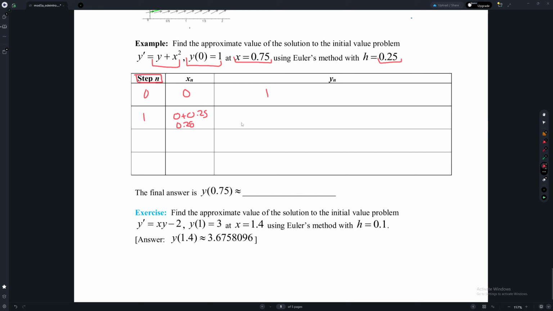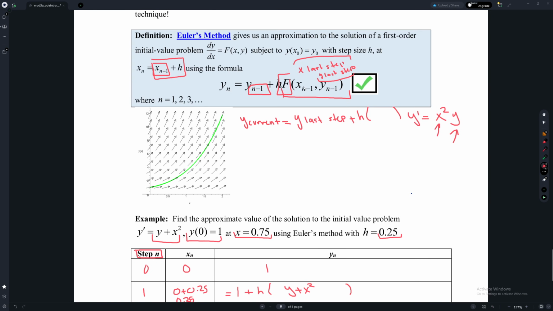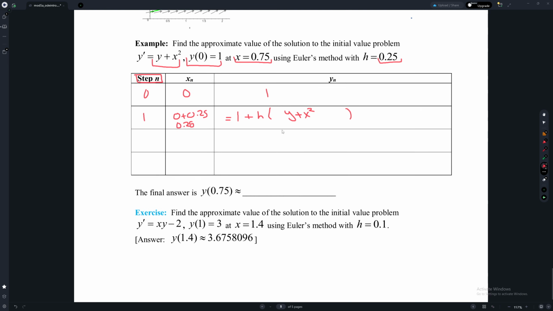Now my y is y of the current step. We don't have that, that's what we're looking for, right? It equals y from last step, which is 1, plus my constant h times the equation. The equation is y plus x. What do you sub here? We said x from last and y from last.